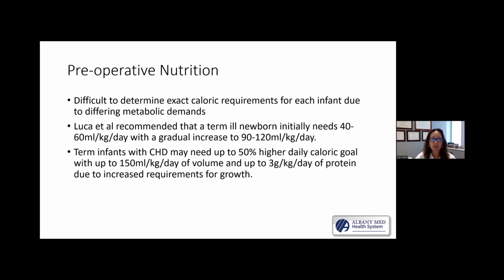But term infants with congenital heart disease, especially those who are moderate to severely ill, may need up to 50% higher daily caloric goal, with up to 150 mL per kilo per day of volume and at least 3 grams per kilo per day of protein due to the increased requirements for normal growth.